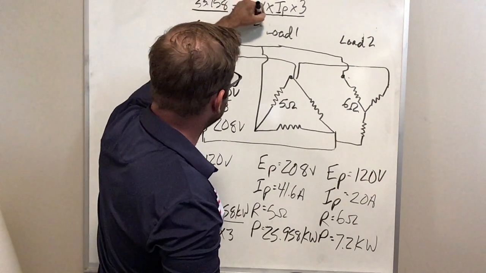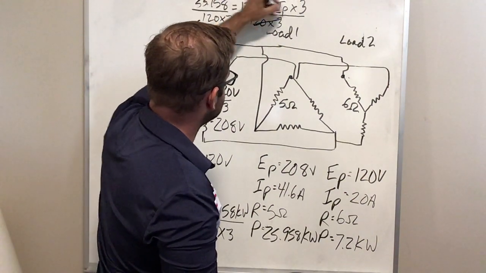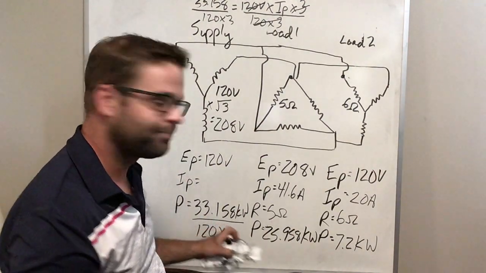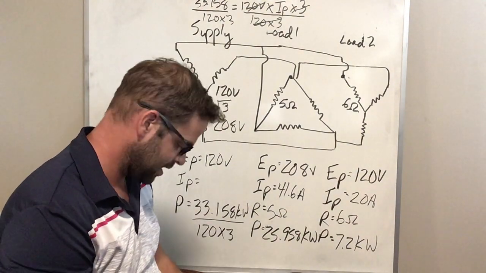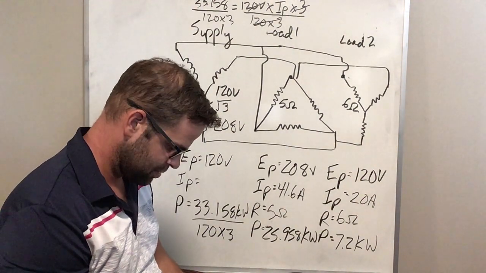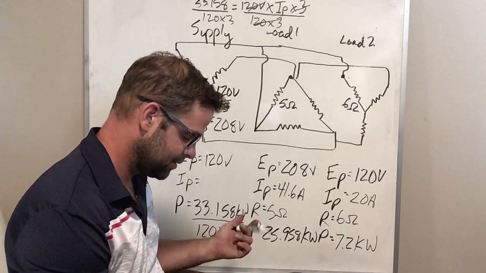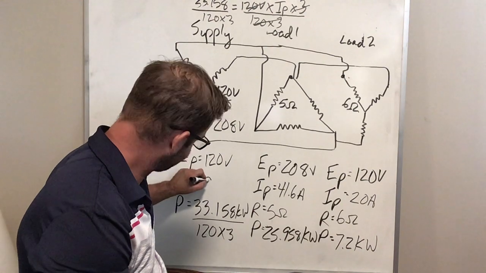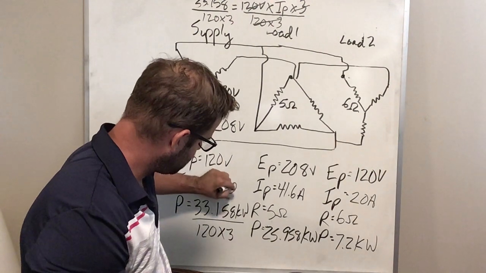So we divide 120 times 3 and 120 times 3, and all that would cross itself out. So we get 33.158 kilowatts divided by basically 360. And if we calculate that, we get a number of 92.11, or let's round to 3 decimals. 92.106 amps.